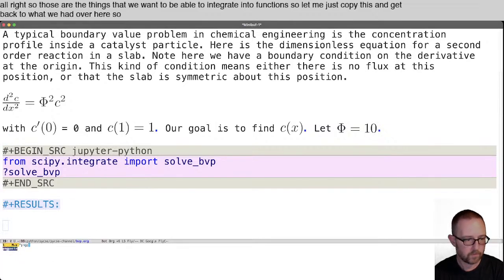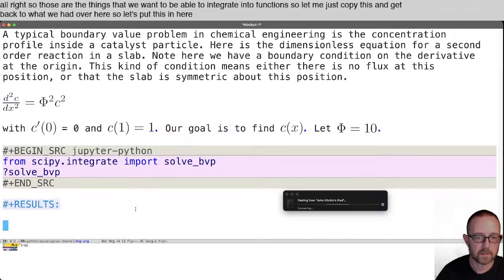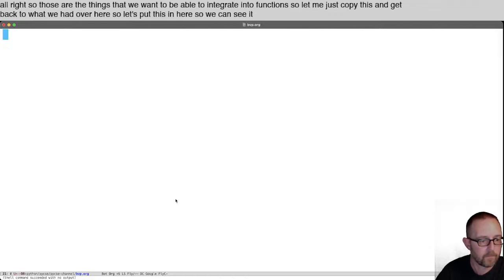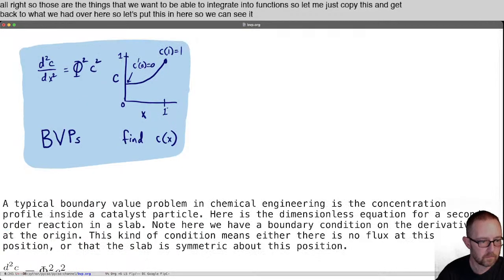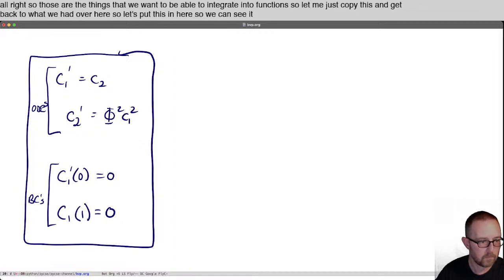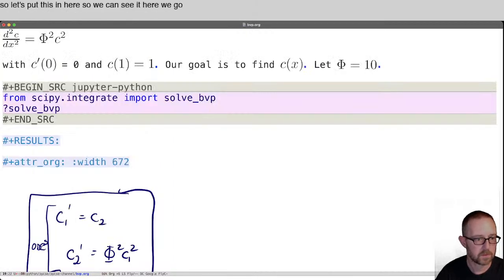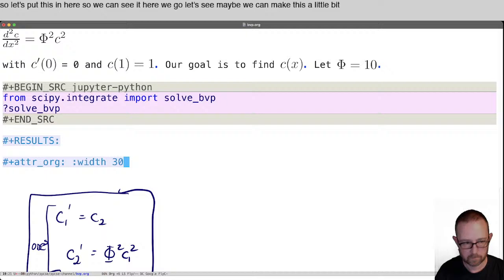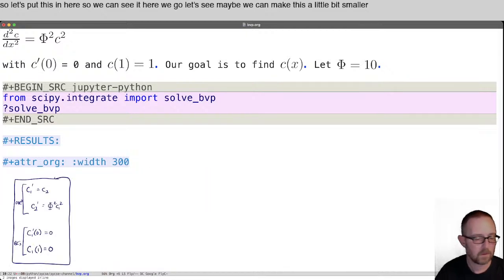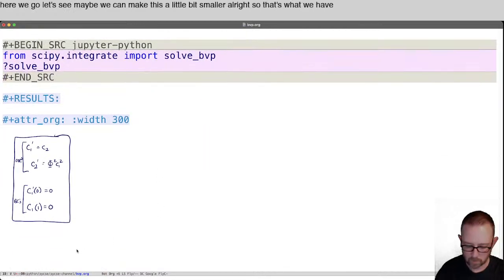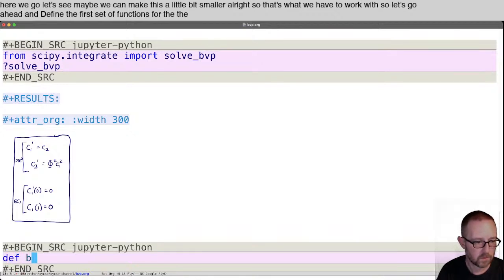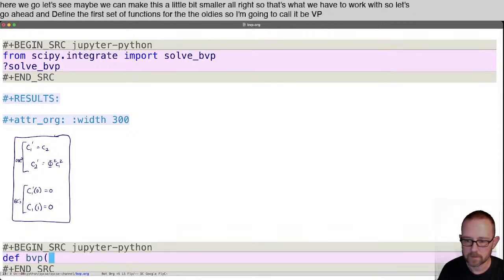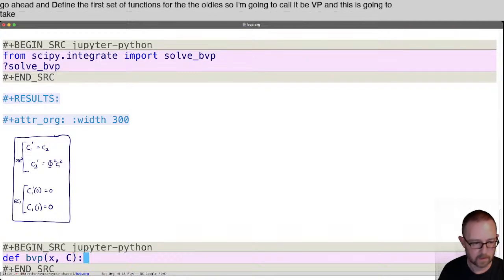Alright, so let's put this in here so we can see it. Here we go. Let's see, maybe we can make this a little bit smaller. Alright, so that's what we have to work with. So let's go ahead and define the first set of functions for the ODEs. So I'm going to call it bvp, and this is going to take two arguments like this.